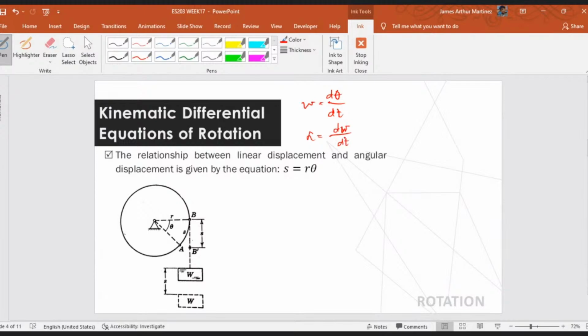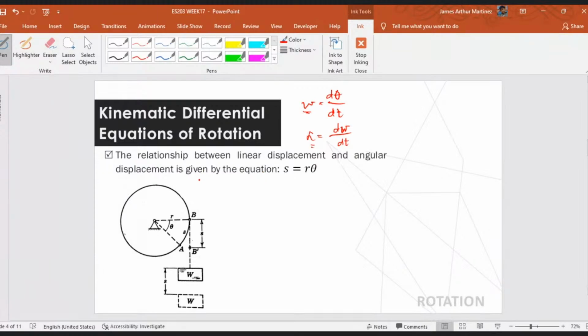So we have these fundamental kinematic differential equations of rotation. Angular velocity is represented by the symbol omega, class. And also, our angular acceleration is represented by the symbol alpha.